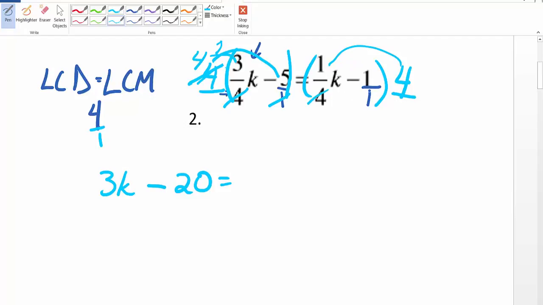Well, 4 on the bottom goes into 4 one time. So we're left then with the numerator 1 times the 1, giving us 1k. And then likewise, when we distribute the 4 to the negative 1, this bottom number 1 goes into 4 times. Multiplying that numerator negative 1 times 4, we end up with negative 4.